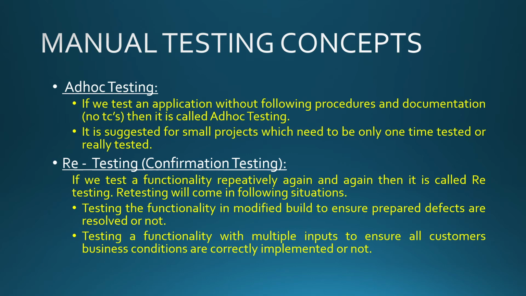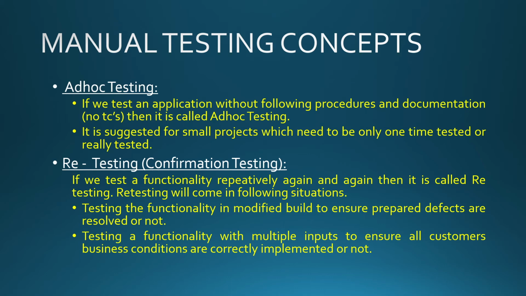After we reported them to the developer, the developer fixed those defects. After that, what we need to do? We have to retest whether the reported defects are resolved or not. This is called retesting.